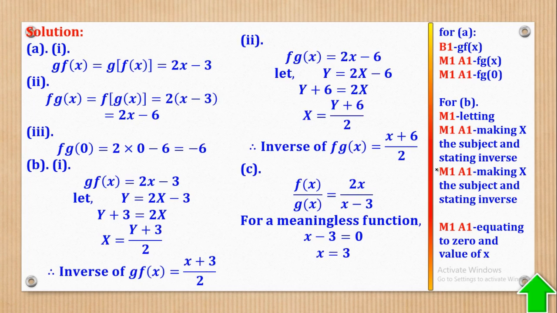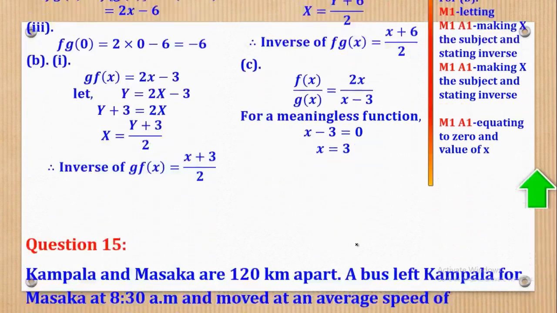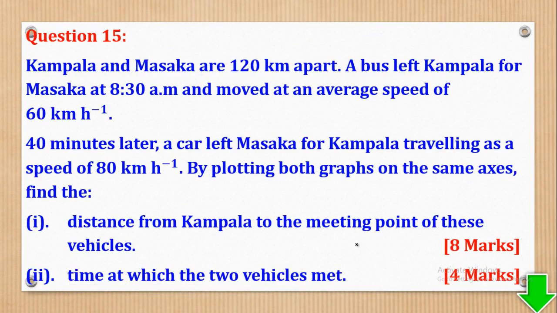Then for Roman 2, M1 for making X the subject and A1 for you to set the inverse. Here M1 for equating the denominator to 0, and A1 for the output, the value of x. So now next we shall go to question 15.